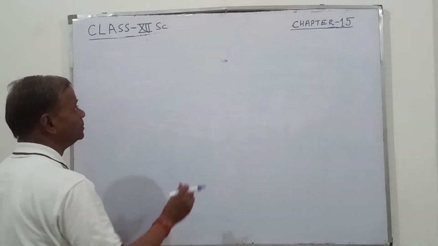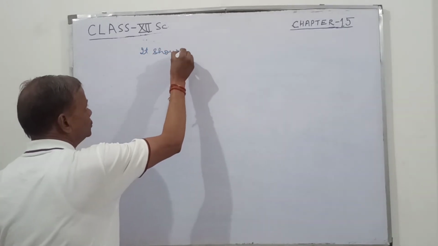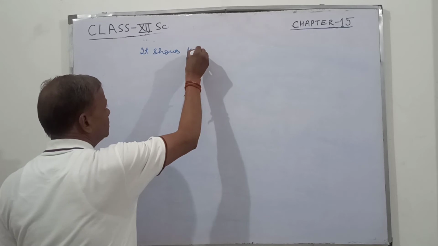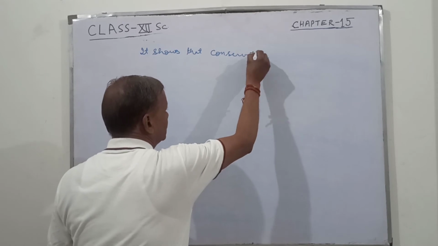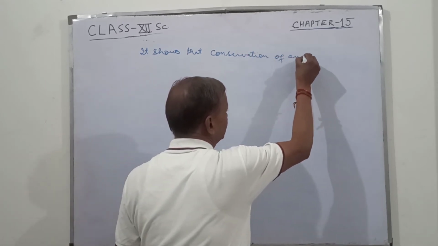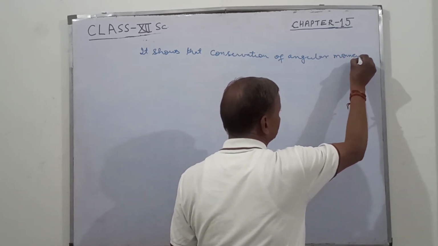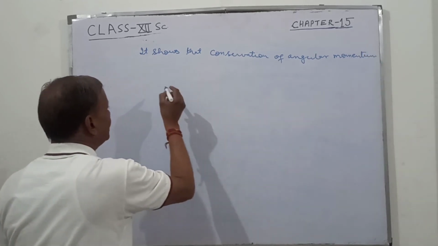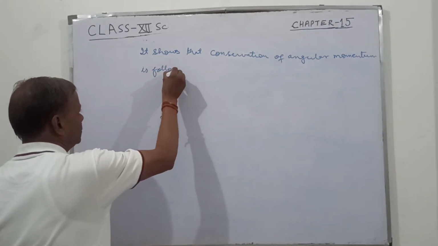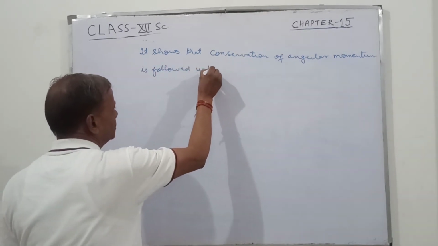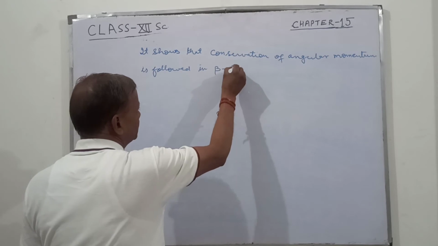It shows that conservation of angular momentum is followed in beta decay.